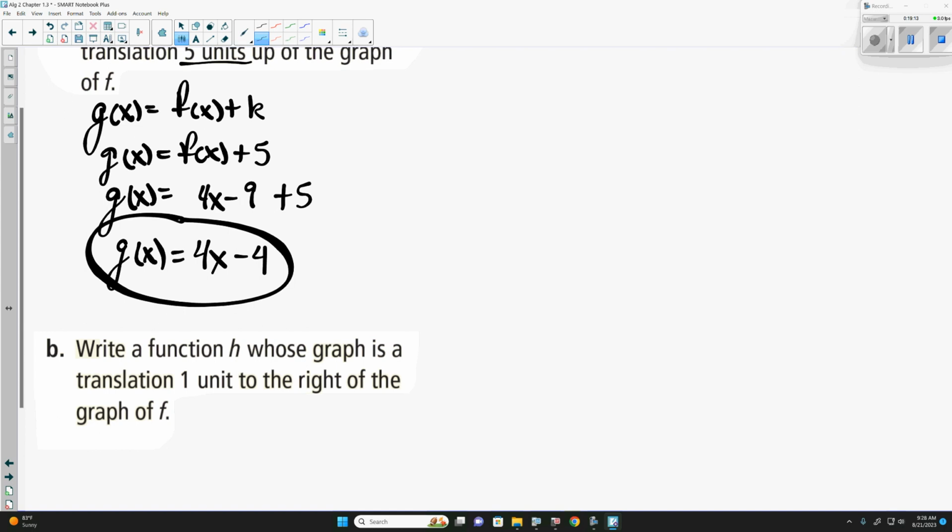Now, if you do struggle with negatives, especially adding negatives or subtracting negatives, plug it into the calculator. Let it do it for you. Because it's better to let the calculator double check the work and make sure you get it right. Especially if you're second guessing yourself on it, go on, plug it in and check it.